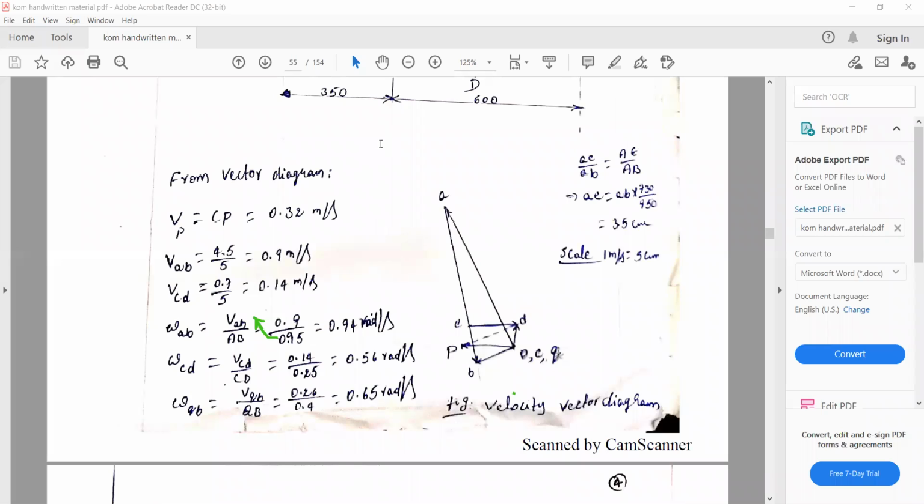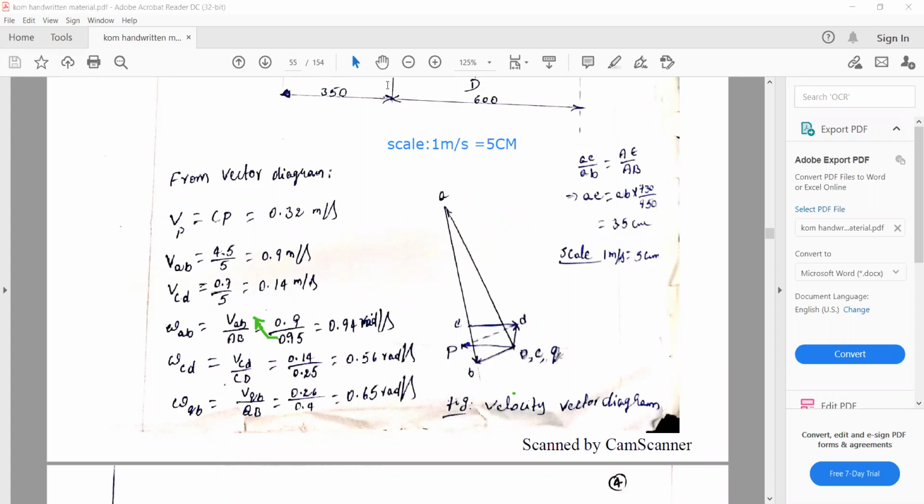Scale: 1 meter per second equals 5 centimeters. Let us take that scale. So 0.9 meter per second comes to nearly 4.8 centimeters in length.